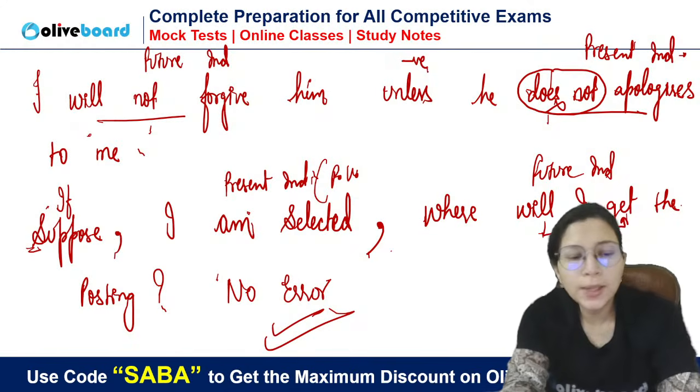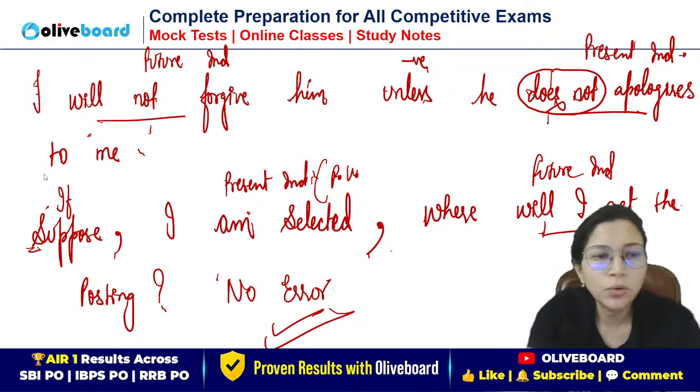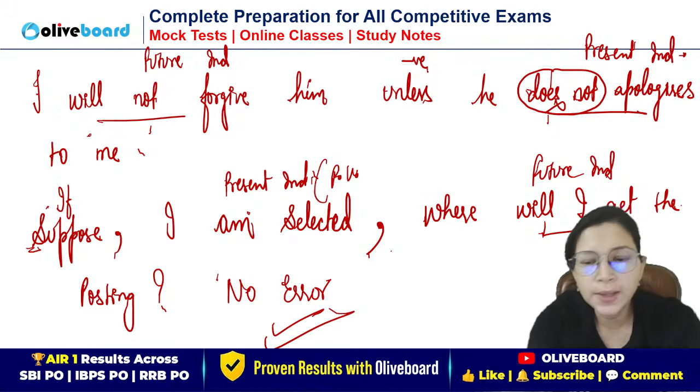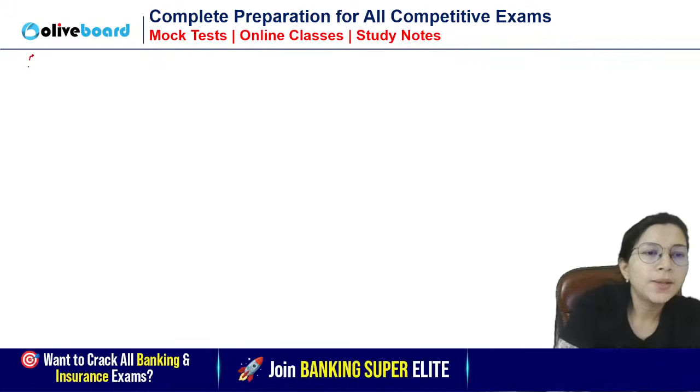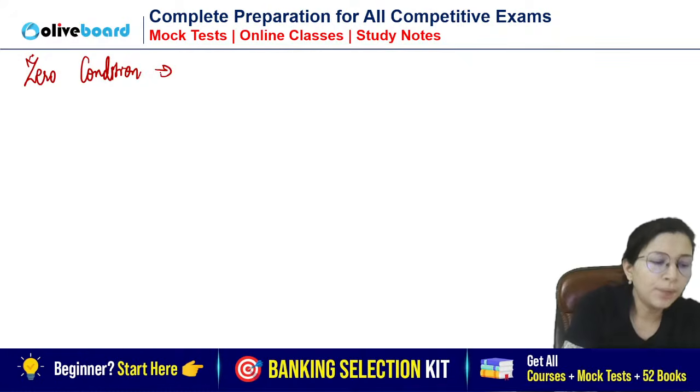Acha. One more thing, zero condition. Now there is one last exception to this. See, zero condition means, you should know, it is actually the exception of first condition only.